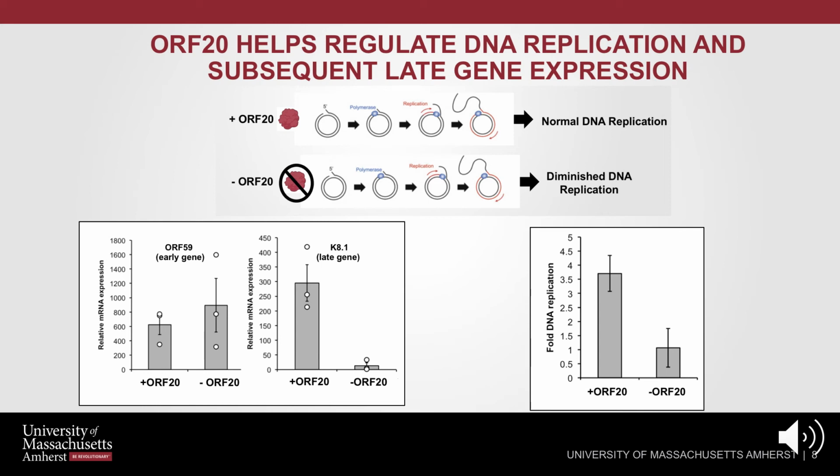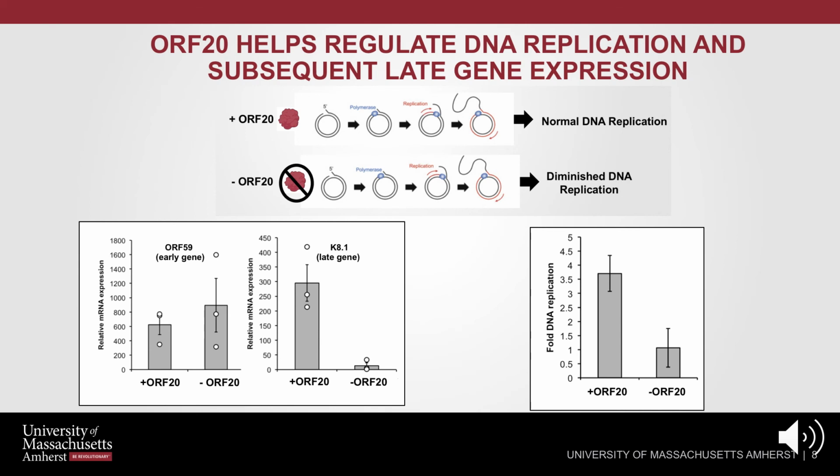ORF59 levels are not changed when ORF20 is knocked out, whereas in our late gene, K8.1, the expression of that gene is hampered when ORF20 is knocked out. These levels of mRNA were captured via RT-qPCR. So essentially, in the cells without ORF20, late gene expression is hampered.